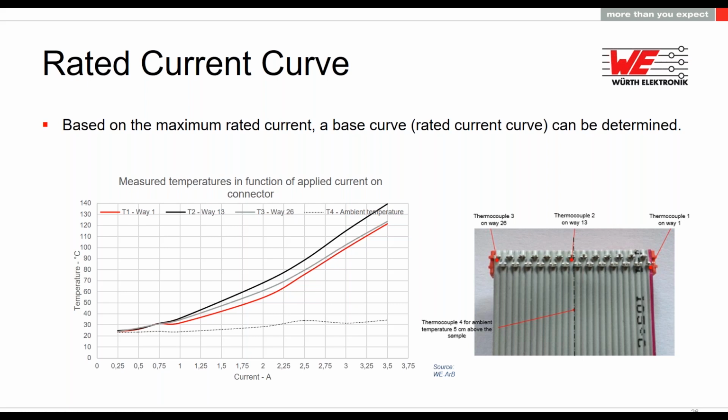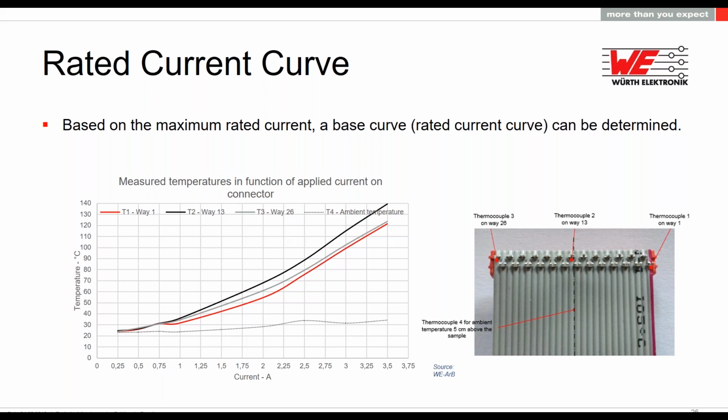They are very close together, of course. This is how it should be. But the one in the middle is above. So in the middle, the temperature of the connector is higher because we load all contacts with the same current. It's serial. So we have a heat jam in the middle of the connector. And this is why it's important that we put a thermocouple at these important spots where there could be an issue.